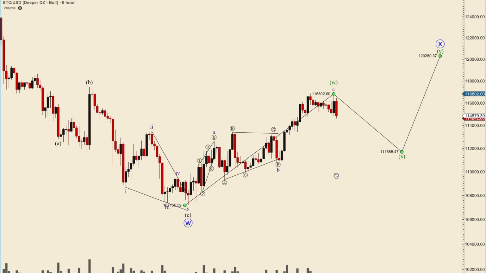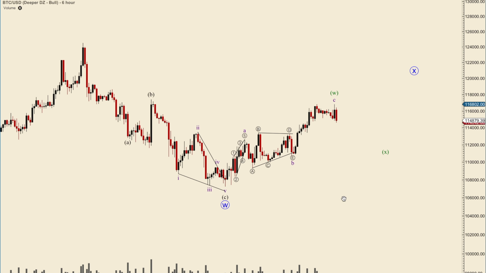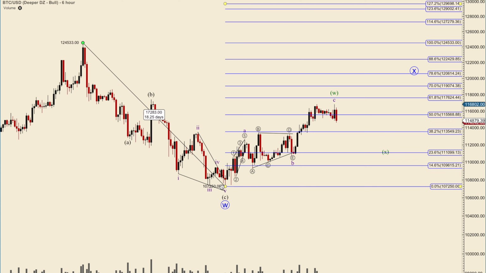So what we are interested in here is basically looking at the fibs, because if this is the start of a bigger downwards correction, if we are bearish and looking for a double zigzag here, we don't really want to take out this 70% fib, because that lowers the probabilities significantly that this is a deep double zigzag.